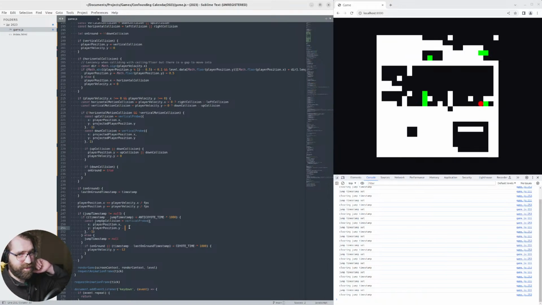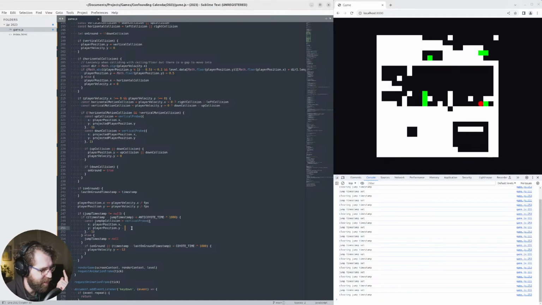Wait, no, per frame? What am I on about? What is this measured in? This is 12 pixels per second. Yeah, okay.